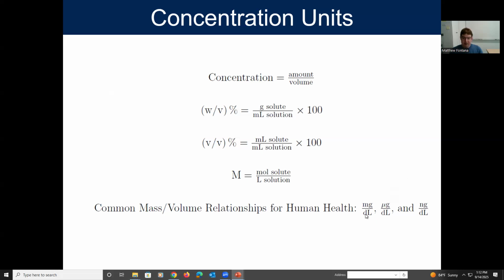And then you'll notice our friends that we've seen before from our SI prefixes: milligrams, micrograms, and nanograms. So in the health sphere, those SI prefixes also show up a lot. This is not every concentration unit that exists, but this covers a good chunk of them. And as chemists, we like molarity.